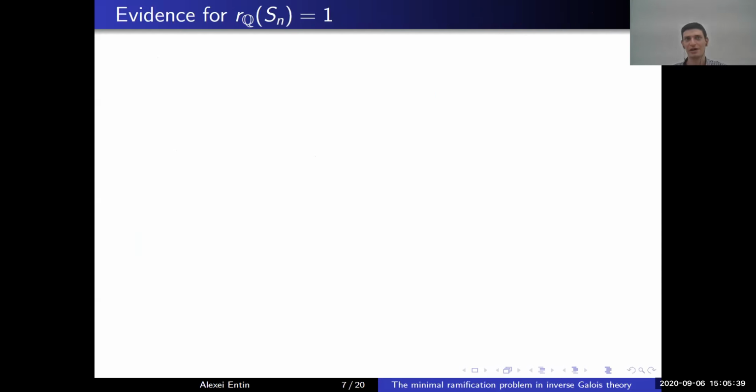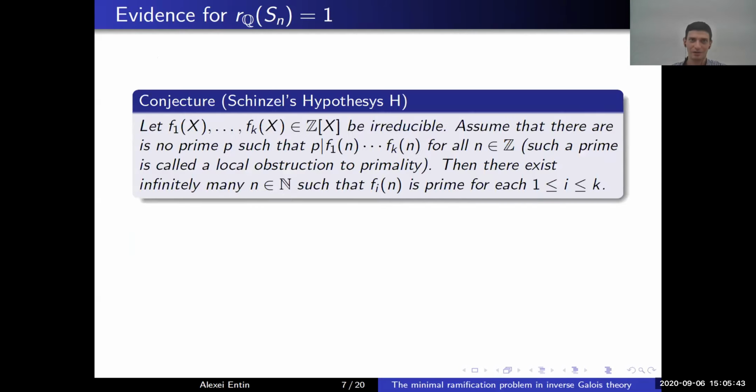So some further evidence for the conjecture in the case of S_n. This is just evidence, not a proof. At this point, first I recall Schinzel's hypothesis H, which predicts that for k irreducible polynomials over Z, assuming there are no local obstructions, we can always find a value of n such that all f_i of n are prime.